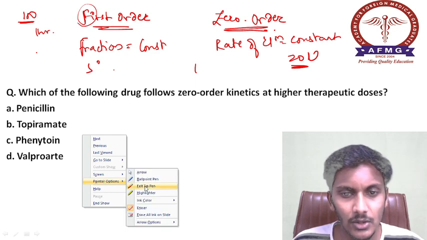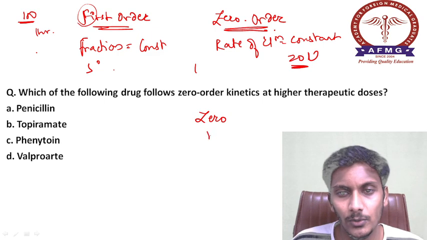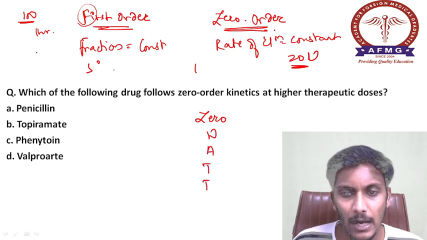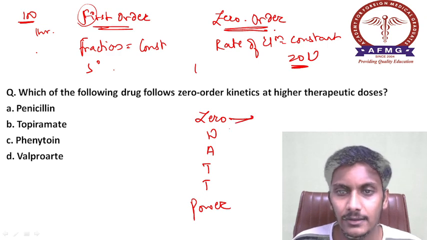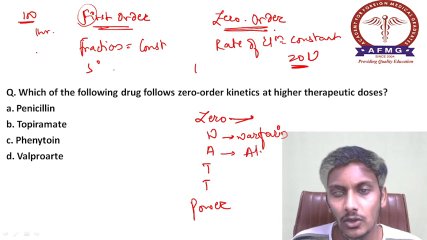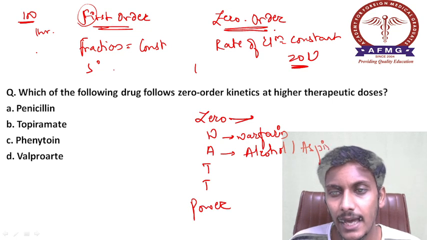What are the drugs which follow zero order kinetics? 0 watt power. Here 0 goes for zero order kinetics, W goes for warfarin, A goes for alcohol and aspirin.